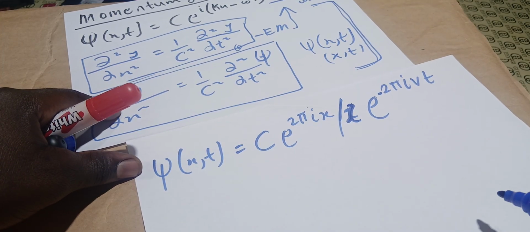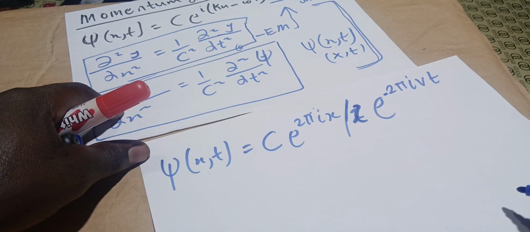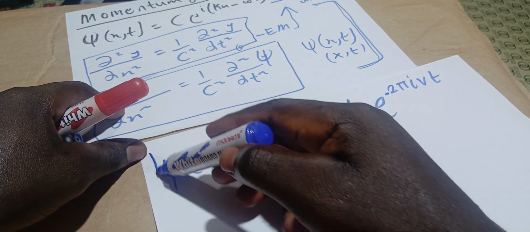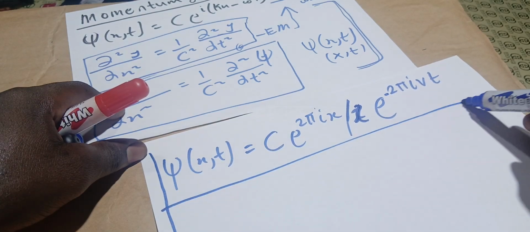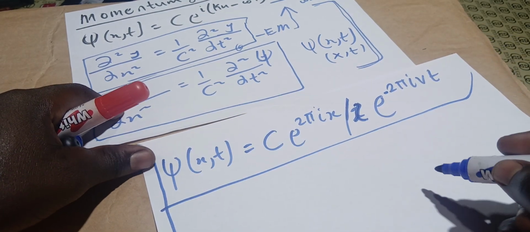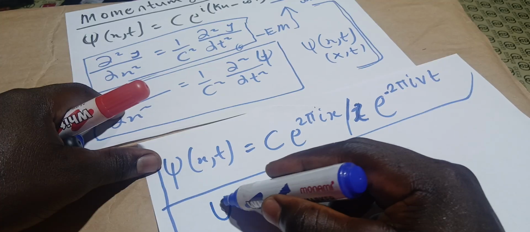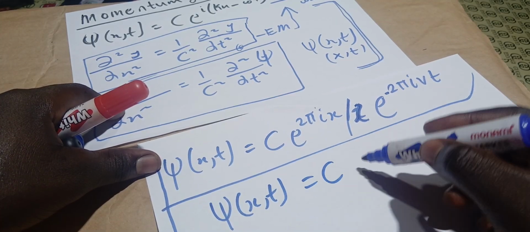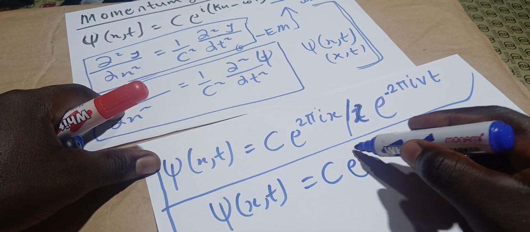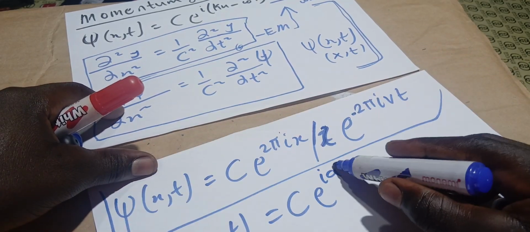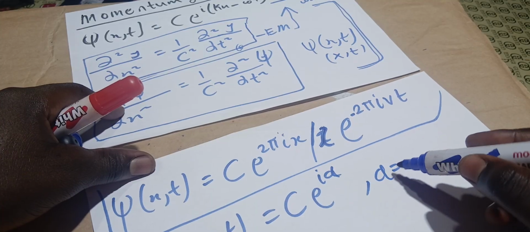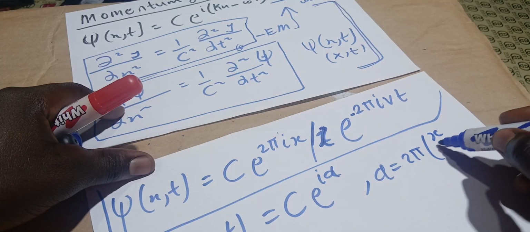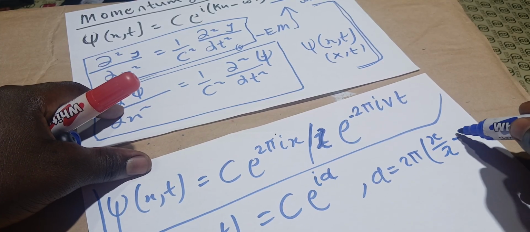So our point of interest is this equation. The short form to write it is like this, e to the power i alpha, where our alpha here equals 2 pi into bracket x over lambda minus vt.